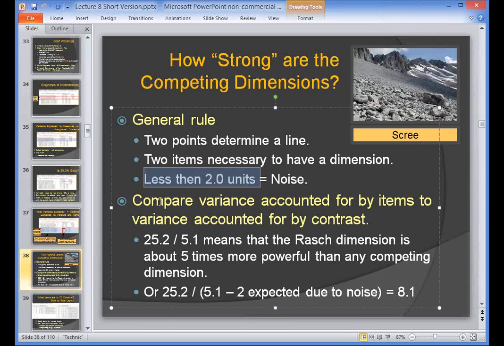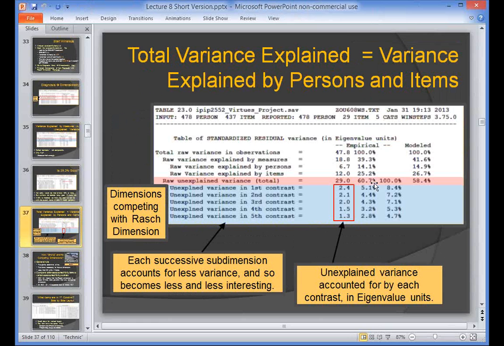And you want to get an idea of how strong the Rasch dimension is relative to the strongest competing dimension. So if you look back at the table, you find that the raw variance explained by the items, that's the strength of the Rasch dimension, right?